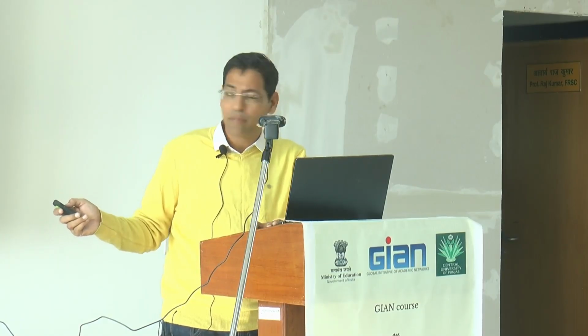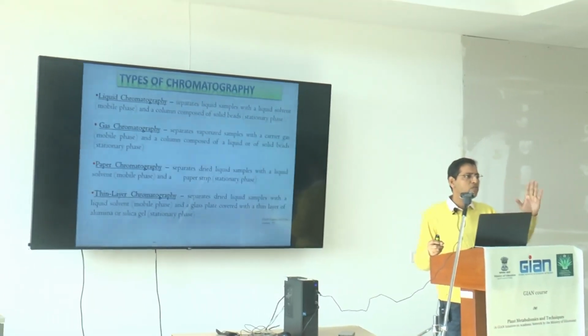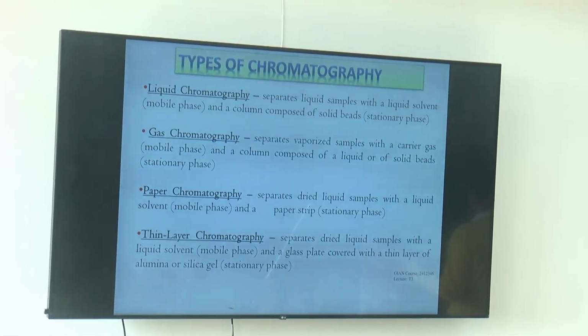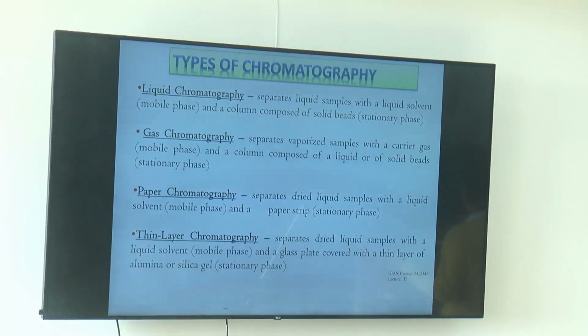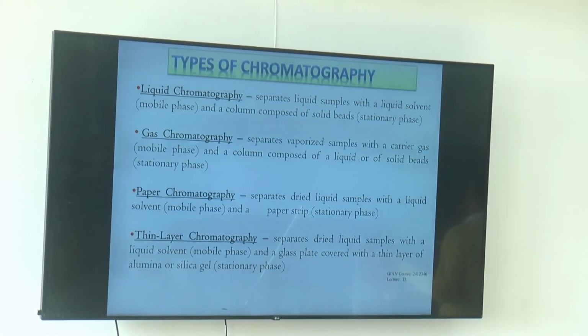So I am starting with the basics, such as what are the different types of chromatography. Whatever you are using, GC and MS, these are different types of chromatography. But before that we used thin layer chromatography, and before that it was paper chromatography.